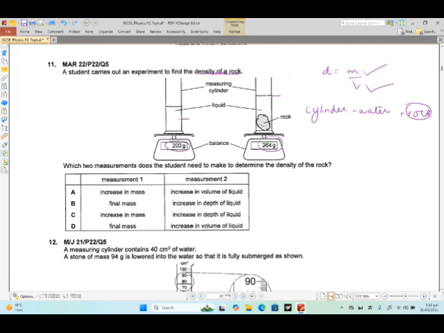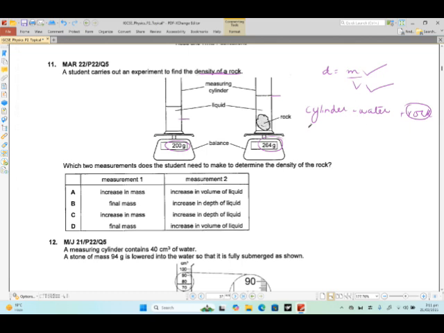And obviously the volume has also increased, so subtracting this from this would give you the value of the volume over here.